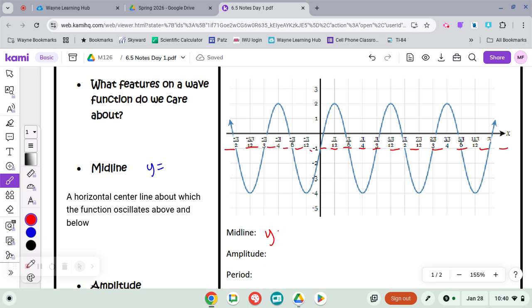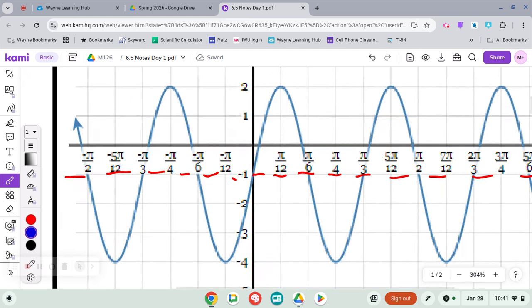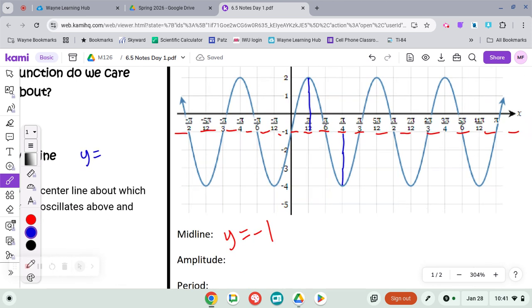If it's the midline, the distance to the peak, 1, 2, 3, and the distance to the valley, 1, 2, 3, those two distances should be the same if it is truly a midline. This is saying the highest we get and the lowest we get are equidistant from this midline. So y equals -1 would be our midline for this one.